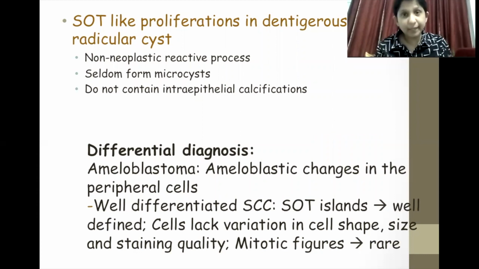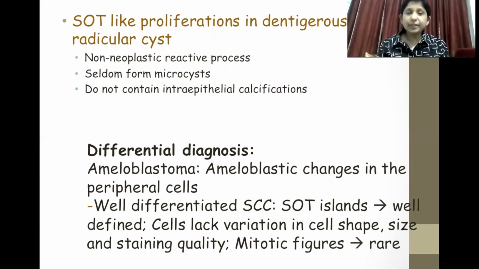The SOT is a benign tumor, but it can show proliferations in the dentigerous and the radicular cyst. Again, this possibility is there because even the dentigerous cyst and the radicular cyst also arise from the odontogenic apparatus. That is, it's all odontogenic in origin. So obviously, even this tumor is odontogenic in origin. So sometimes you can have these kinds of proliferations in their walls.